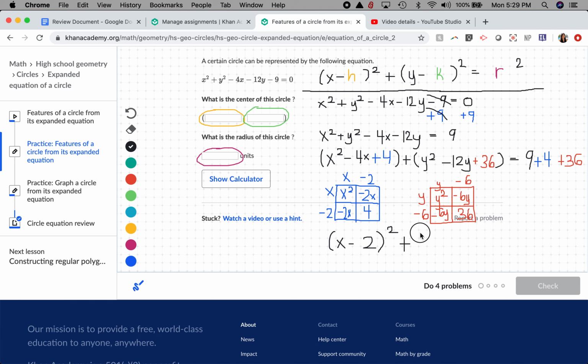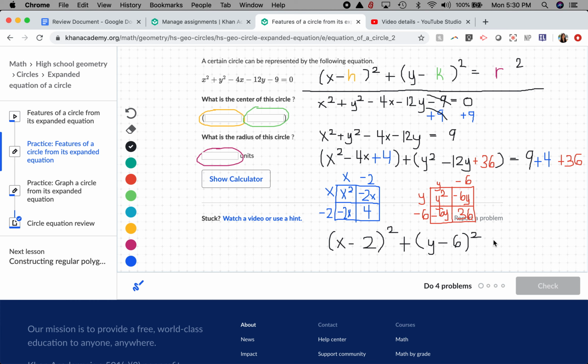Plus, this perfect square trinomial perfectly factors out to y minus 6 squared. And you may begin to see why it was necessary for us to make it into a perfect square trinomial. It is now actually quite easy to identify our h and our k, but we'll get into that later.